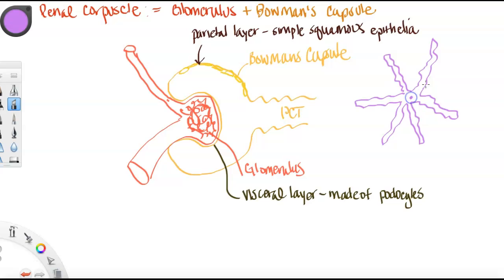And then here's the cell body of it. And then they kind of interdigitate because they wrap around the capillaries and then they interdigitate with each other. So like here would be another cell.